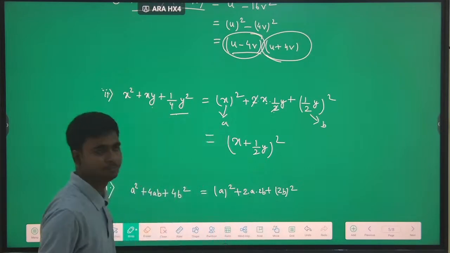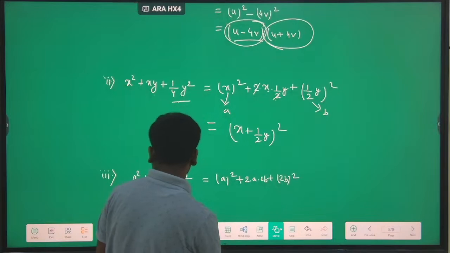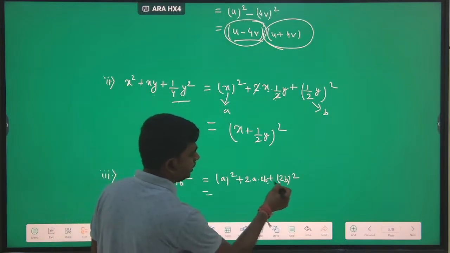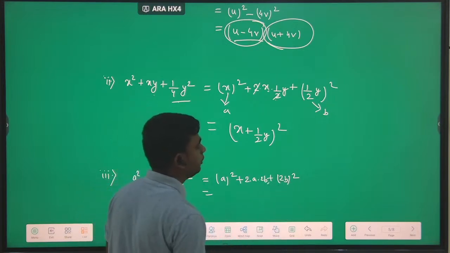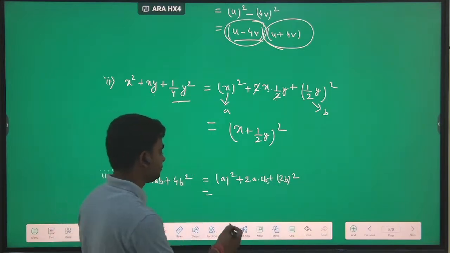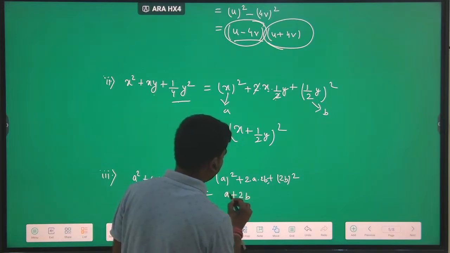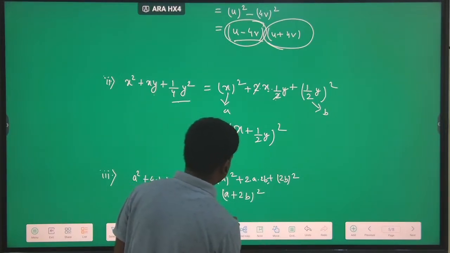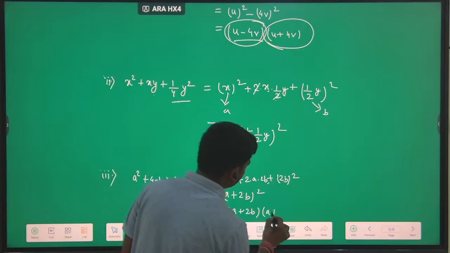So it has been written as a square plus 2ab plus b square, where a is our small a and b is our 2b. So it is a plus 2b to the power 2, that means a plus 2b into a plus 2b.